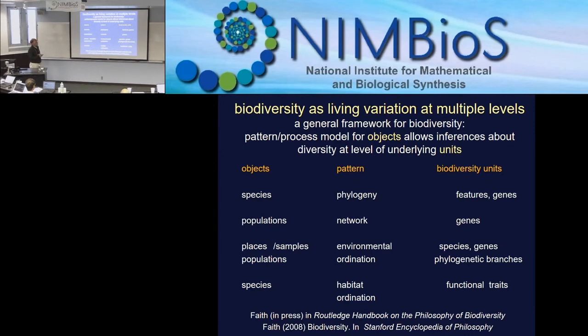And the model for that is what I'm talking about here in this framework, where PD is an example where we're using a pattern, indeed a pattern process model, phylogeny, to go from objects, which are species, which we've observed, to making an inference at a lower level, where we'd love to count up all the features or characteristics or genes, but we don't observe those directly. And that is why PD is important, because it stands in as a proxy for what we would like to count up, but cannot directly count up.